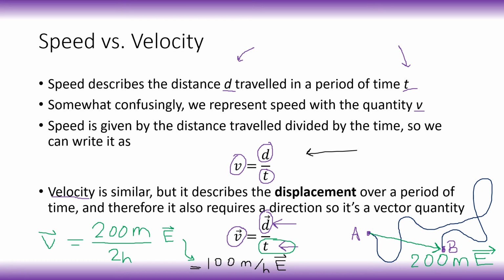Suppose it took you 2 hours, so you could calculate your speed and show that it's different from your velocity. Suppose the route that you took was actually 2 kilometers, and 2 kilometers is 2,000 meters.